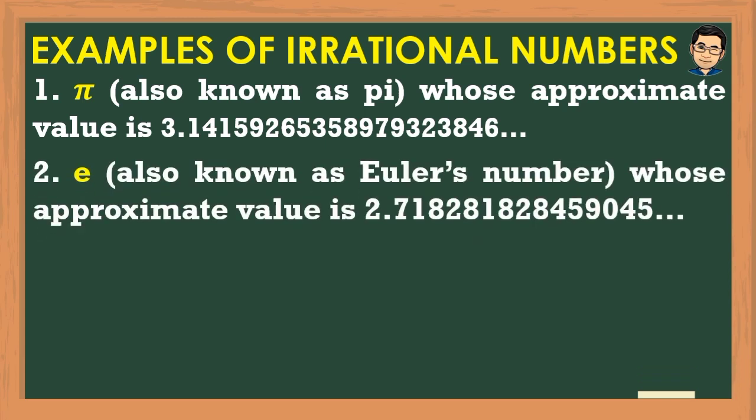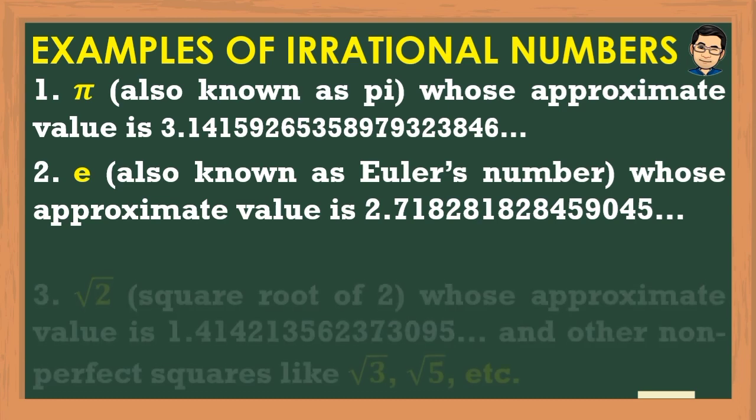We also have e, also known as Euler's number, whose approximate value is 2.71828 and so on. Kagaya ng pi, yung Euler's number din po is an irrational number, kasi hindi siya nasusulat as fraction in the form of a over b.